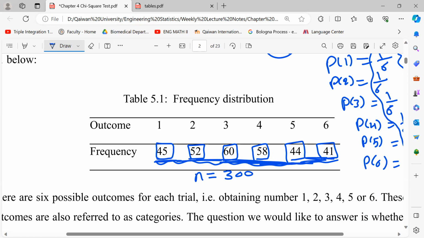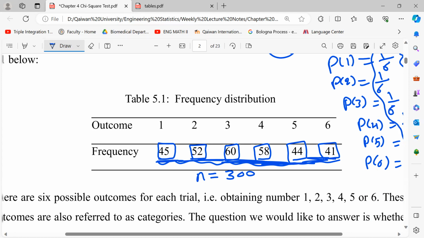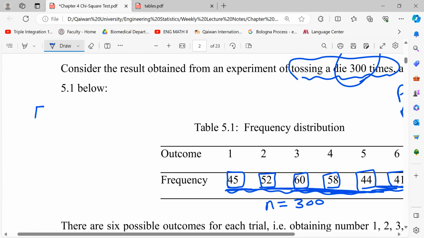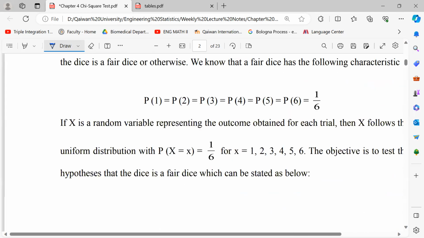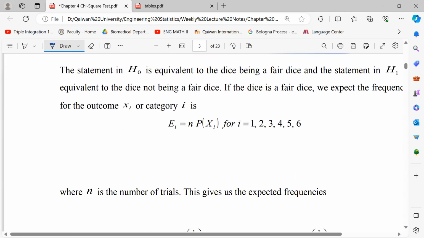It is the probability of 1 multiplied by n. The general rule: for i, it is the probability of i multiplied by n. It's written in the next slide, I think.